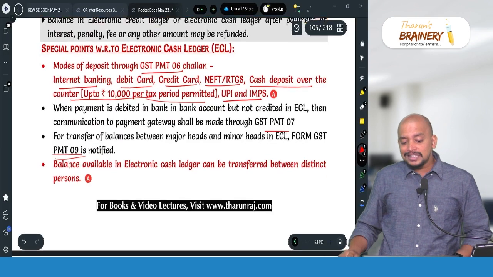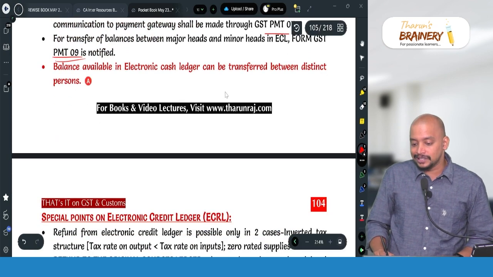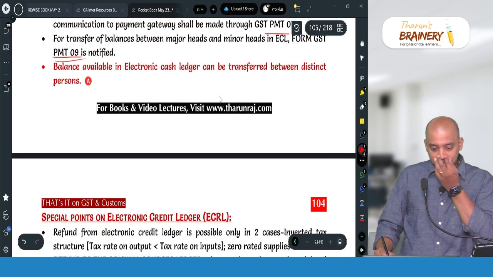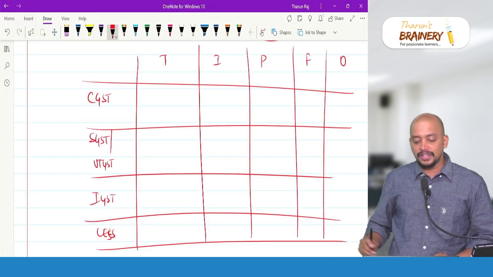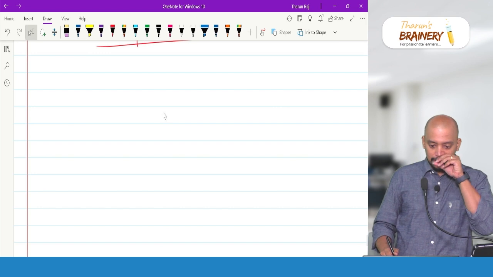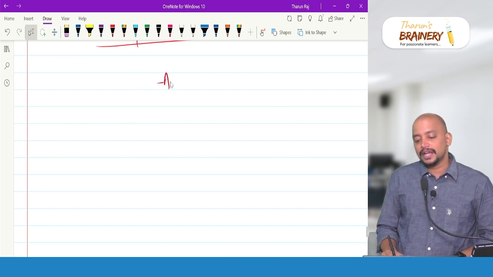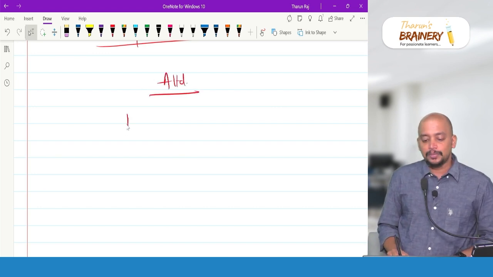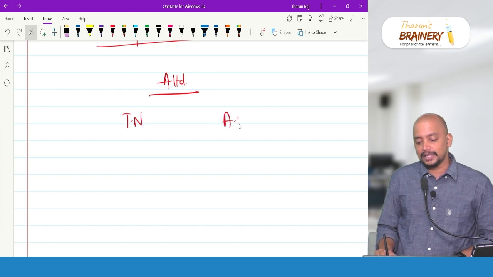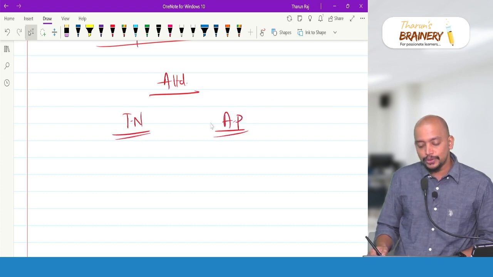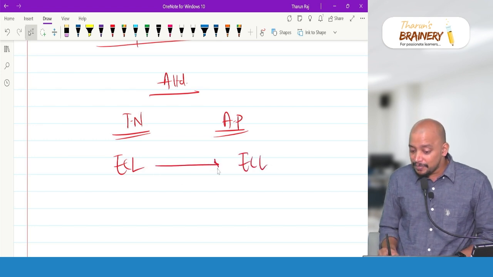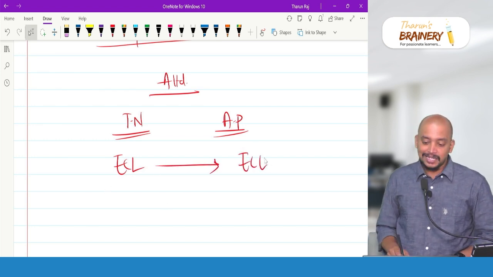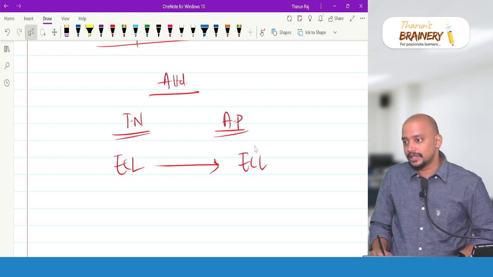Also, balance available in the electronic cash ledger can be transferred between distinct persons. What does it mean? Say for example, if we have two distinct persons for A Limited in Tamil Nadu and Andhra Pradesh. Now, from Tamil Nadu to Andhra Pradesh, from electronic cash ledger, the balance can be transferred. Now, that is an amendment. Previously, this was not there.